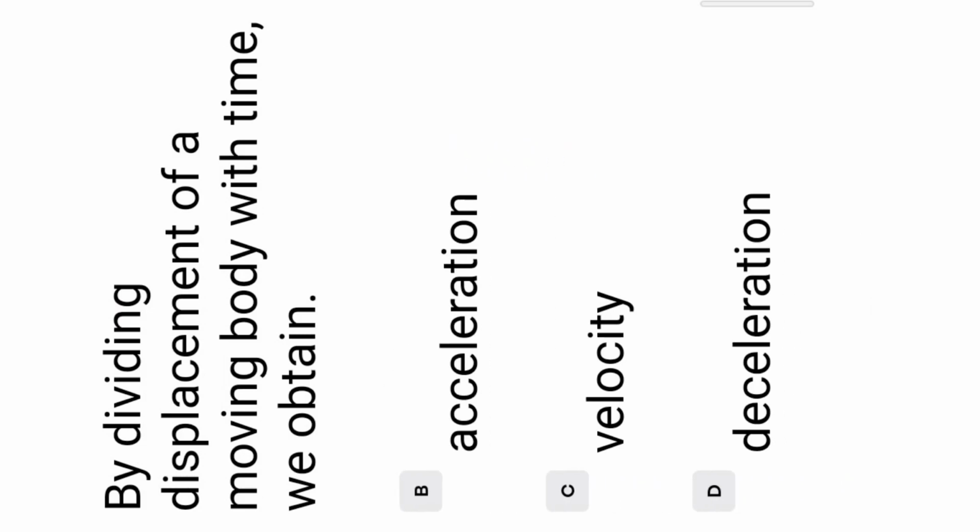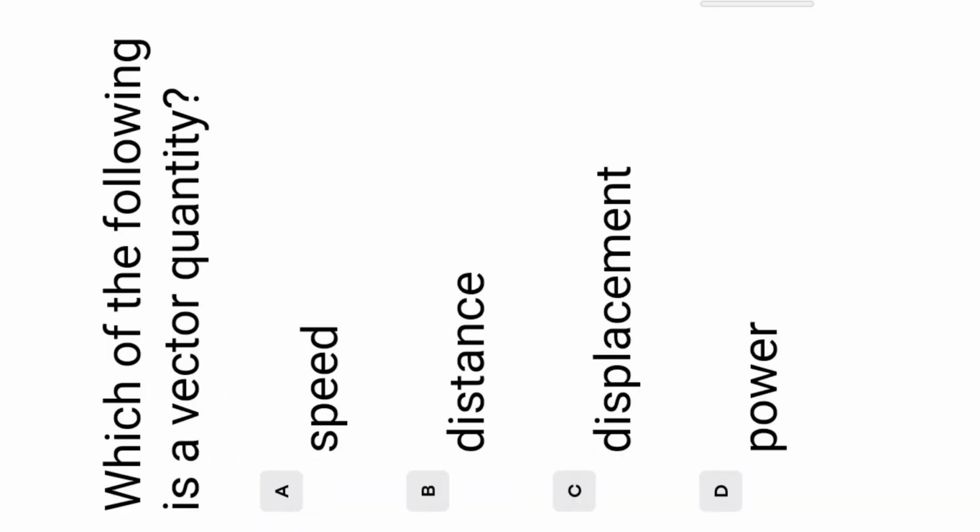The correct answer is velocity, so we take C. Which of the following is a vector quantity? A speed, B distance, C displacement, D power. Displacement is a vector quantity, so we take C.